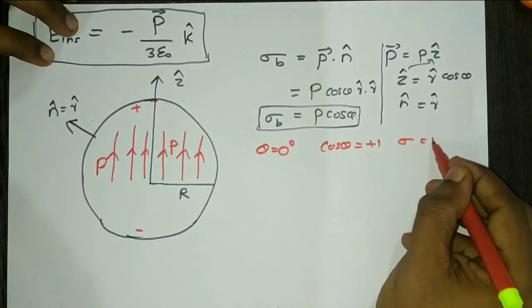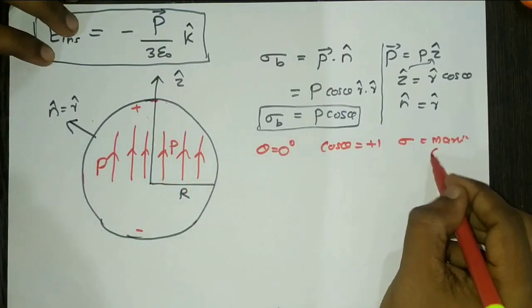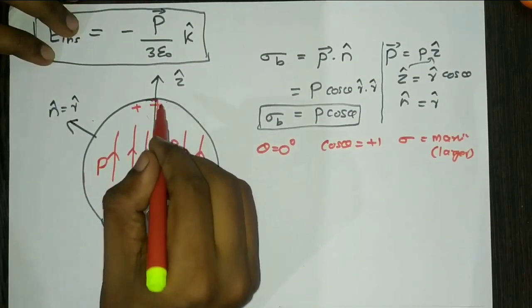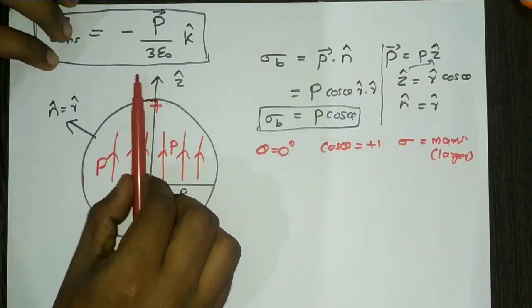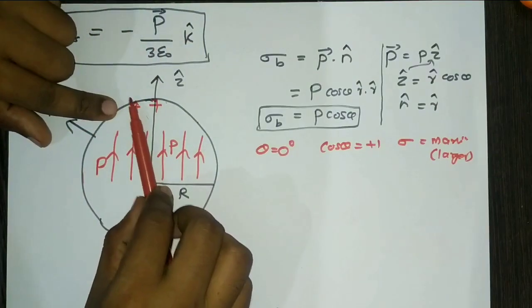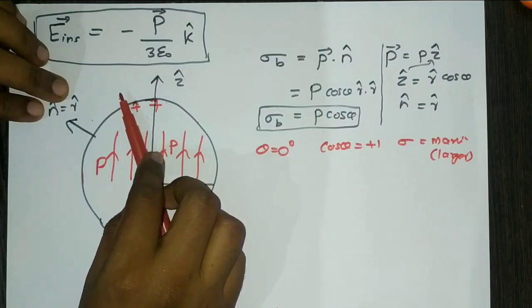This bound charge will be maximum, a larger amount, at this point. And at this other point, the polarization is along this direction, the r vector is along this direction, therefore this angle theta is slightly larger.